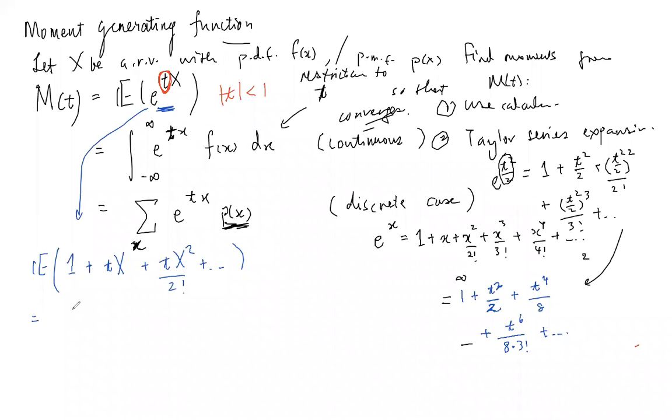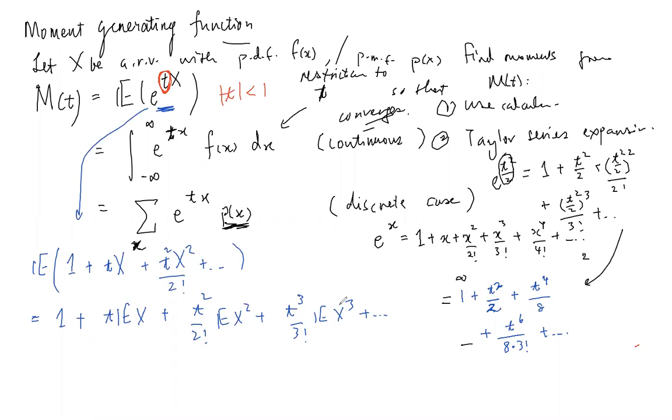So basically you have 1 plus t e to the x plus t over 2 factorial e of x squared plus, sorry, it should be t squared. So that will be t to the power of 3 over 3 factorial, and so on. Okay.